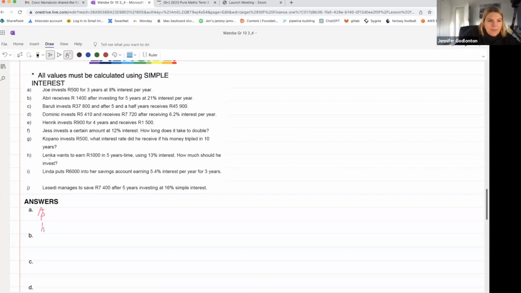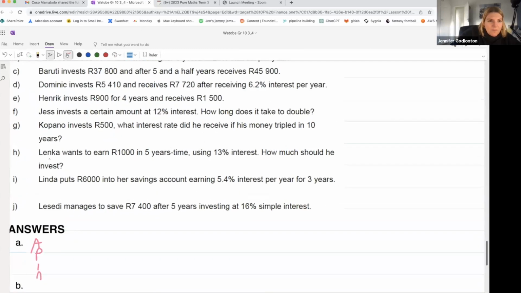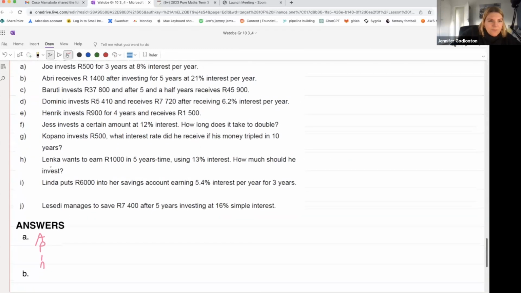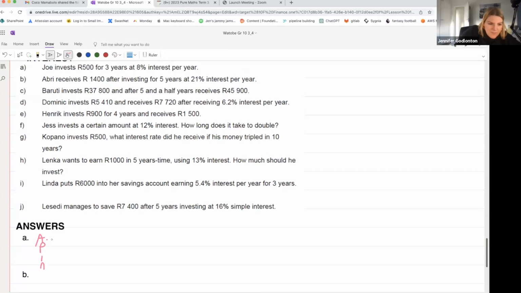A is unknown, so we'll just leave a cute little question mark on her. P is equal to 500 Rand. I is going to be 8%. And N is going to be 3.